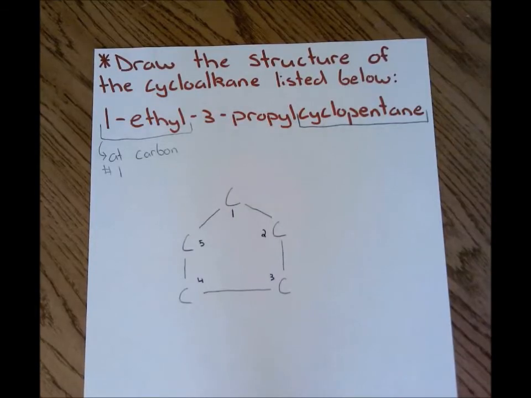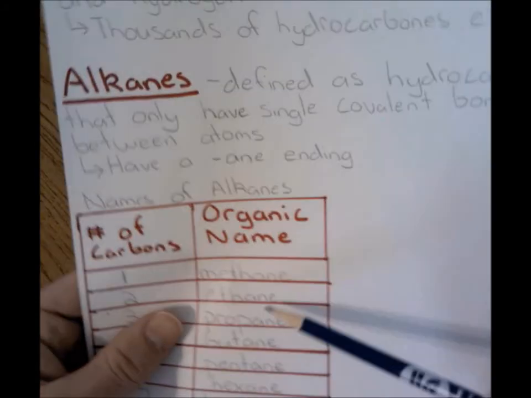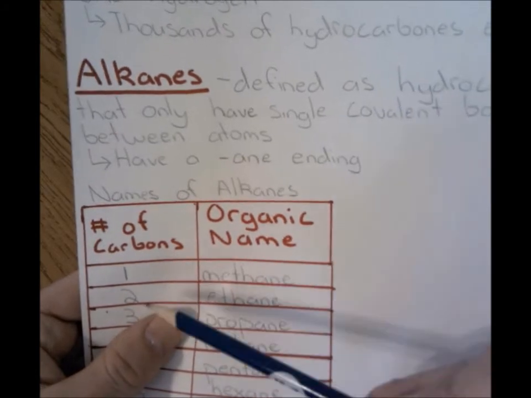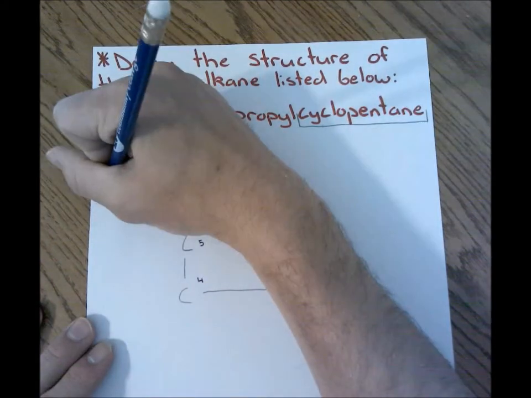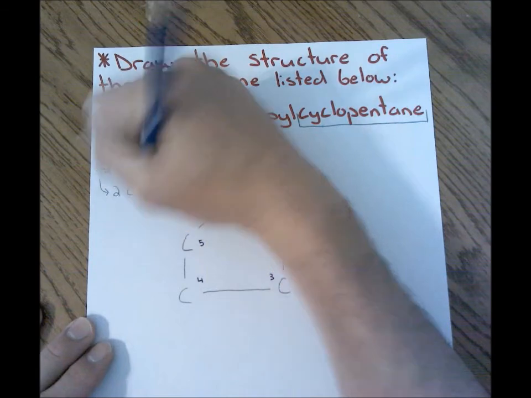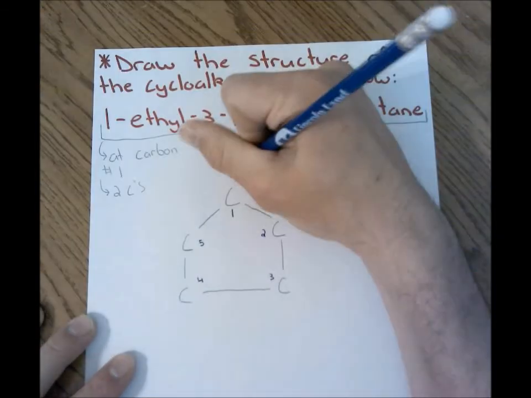Ethane means that there are 2 carbons. So a little side note here, at carbon number 1, there are 2 carbons. So what I do initially here is I draw carbon and my second attached carbon. So right there I have my 2 attached carbons at carbon number 1.